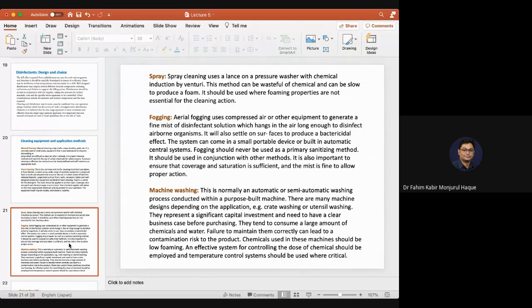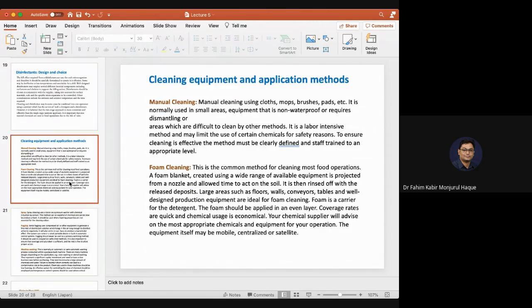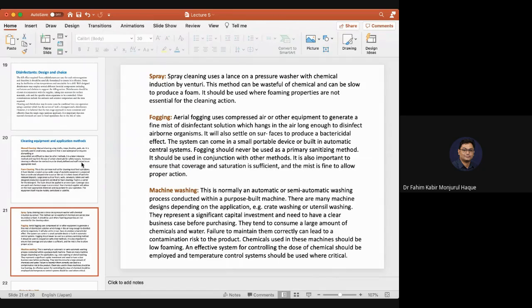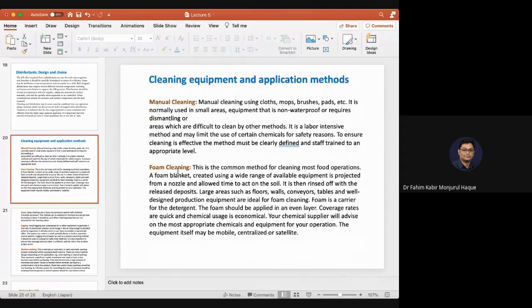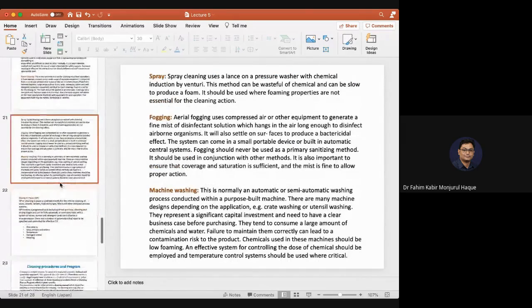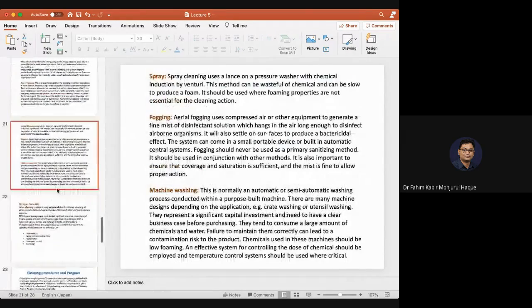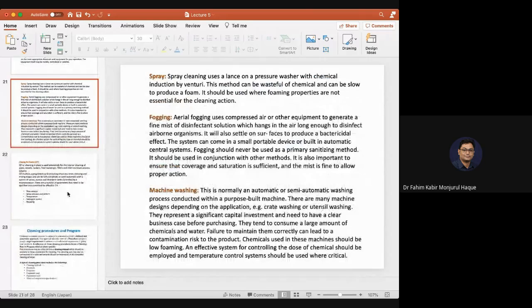Based on that, we have to choose which method we will use, whether a spray gun, fogging, or foaming, because different cleaning methods have different effects on different kinds of soil. What is soil? Soil is that which we are going to clean. When you read this, you will have a clear idea.